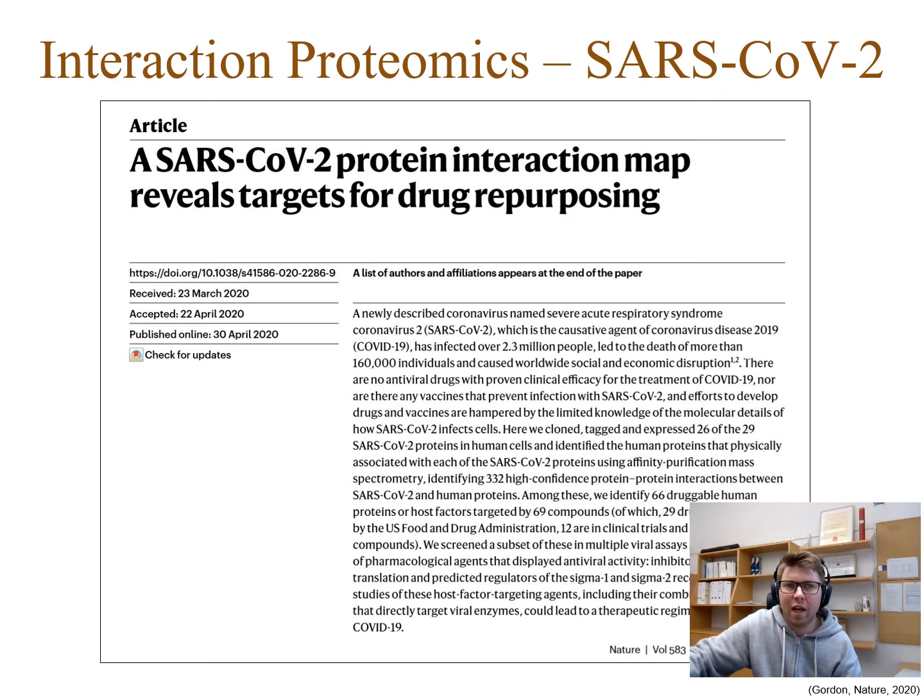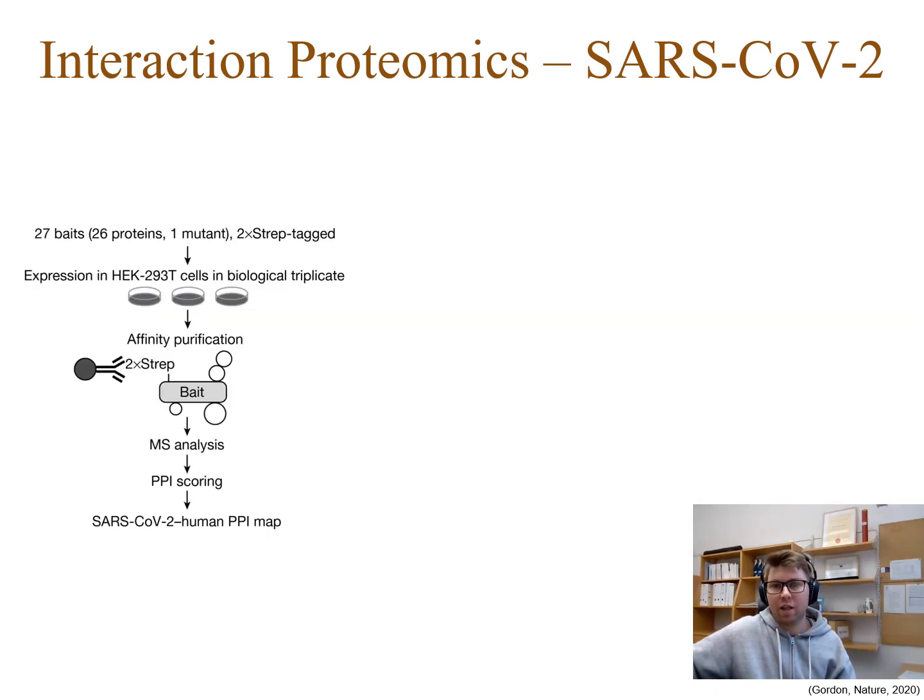And the example I will talk about involves drug repurposing related to COVID-19 and the SARS-CoV-2 virus. In this analysis, 27 coronavirus proteins were fused to an affinity tag on a gene level. And these constructs were thereafter overexpressed in a human cell line, after which the coronavirus proteins were affinity purified using specific antibodies towards the tag.